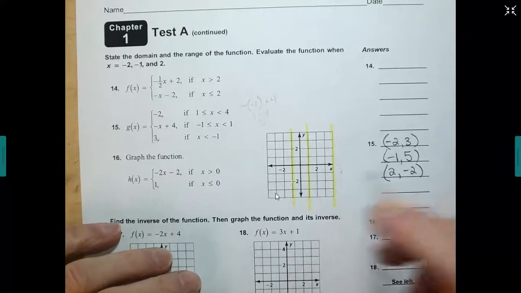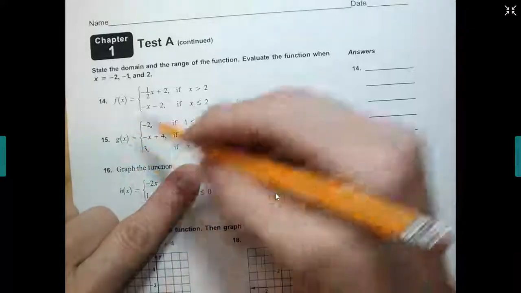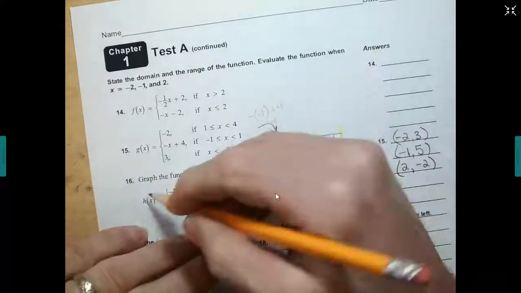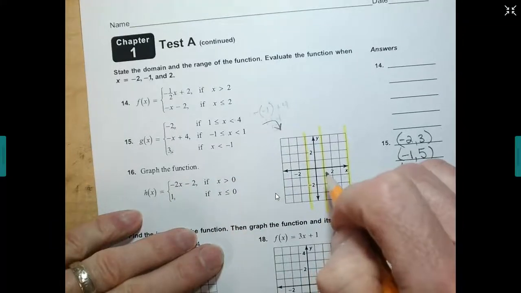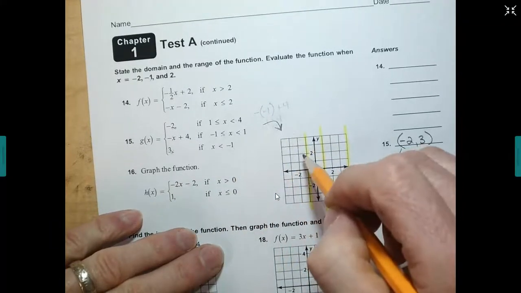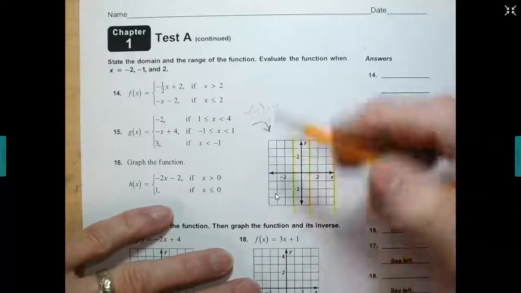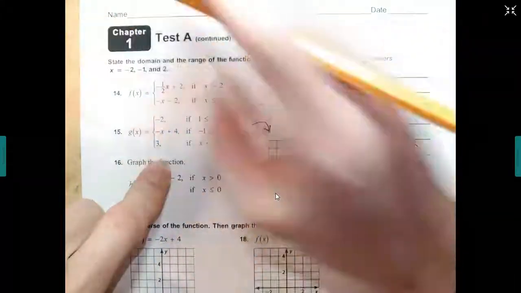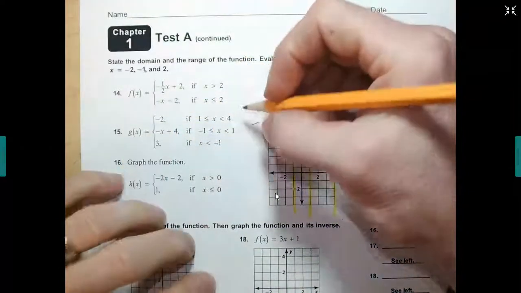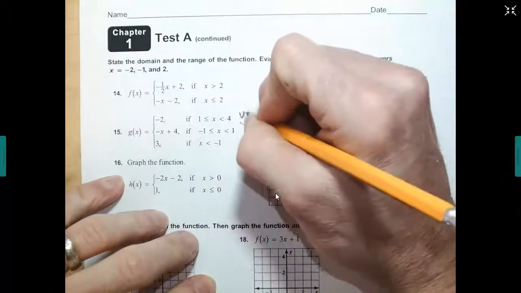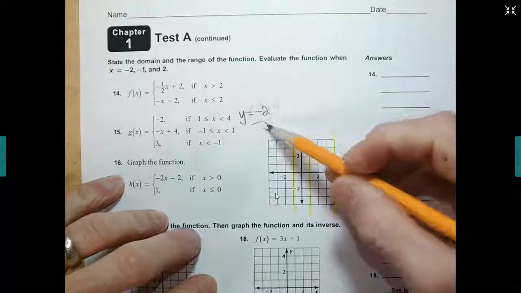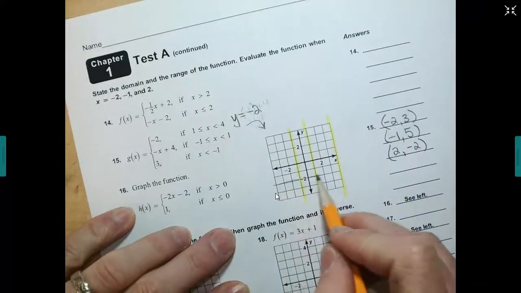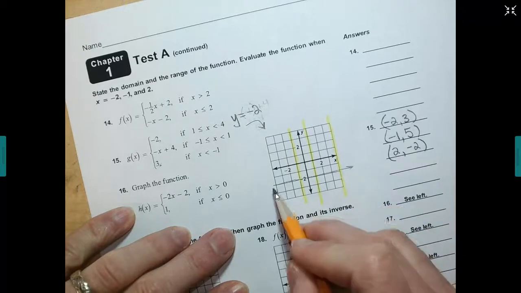Now we're going to draw our lines. So remember, I'm doing number 15 for this graph. You are going to graph 16, but I'm graphing 15 just to remind you how to do piecewise. All right, so I have first one, y equals negative 2. That's a horizontal line. So I go to negative 2, and I draw my line.